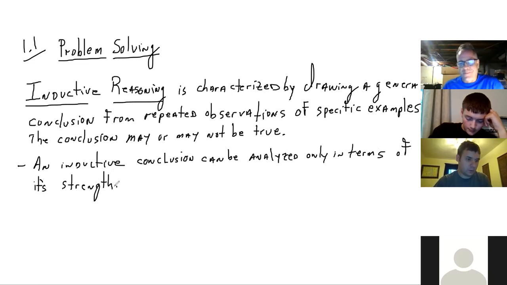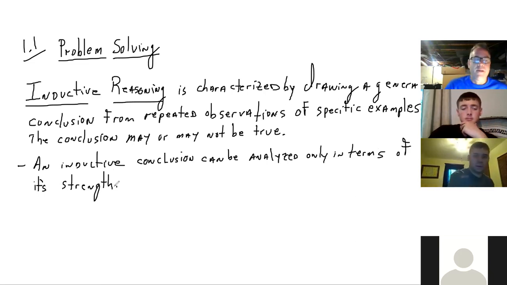So that is, how many repeated observations have I made? If I've made 100, they're all doing the same thing, then I can say my conclusion is very strong. Still doesn't mean it's true, but that's it. Again, there's no way I can actually prove the conclusion true, right?